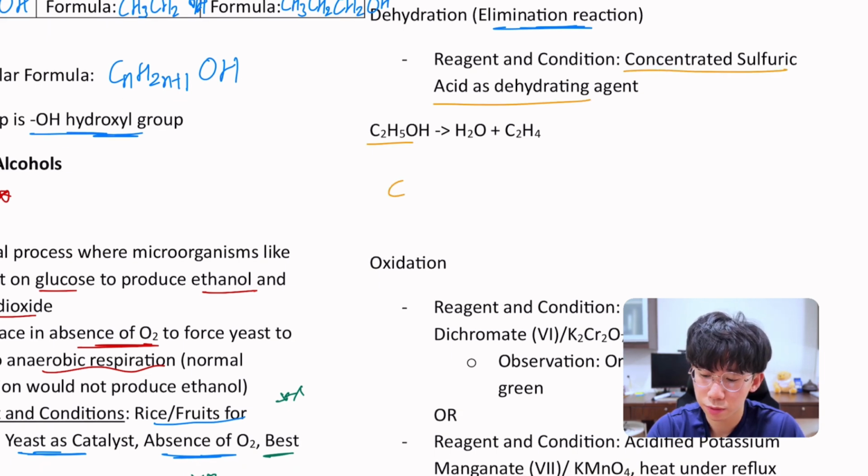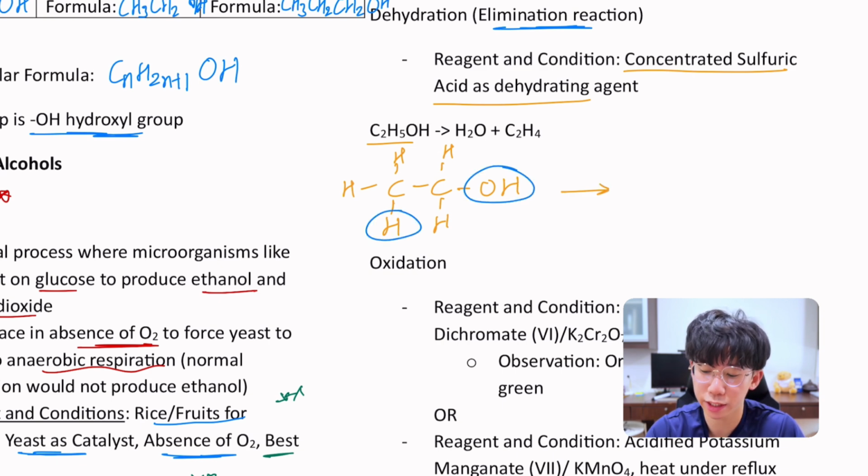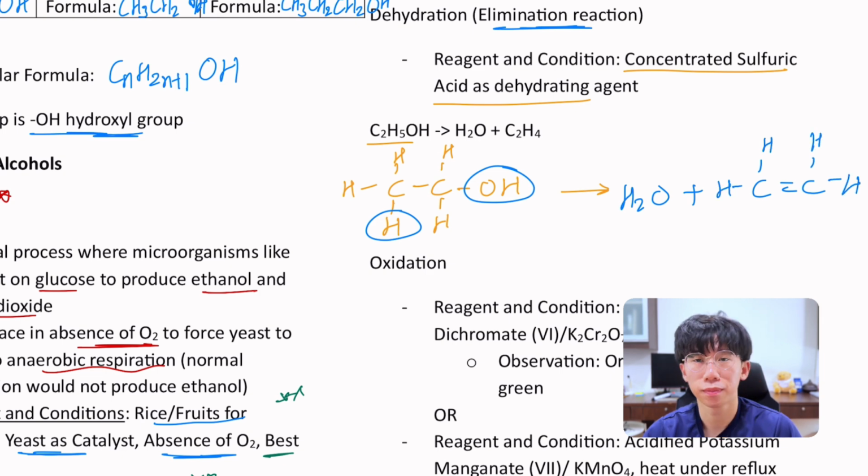If you have ethanol, let's say you draw your ethanol out, what's going to happen is the H2O is going to come out. So the OH and the H from 2 different carbons are going to come out as H2O, and you're going to form a double bond to fill the missing gap. And that really is the opposite of addition, and you're going to get back your ethene here.